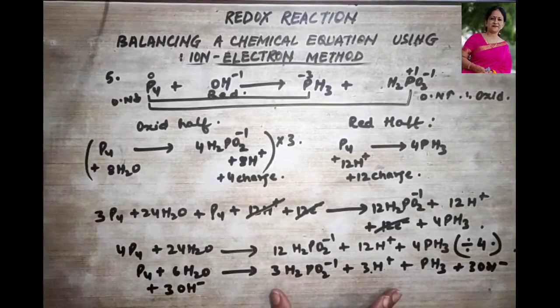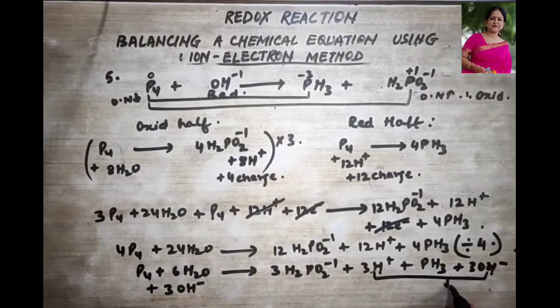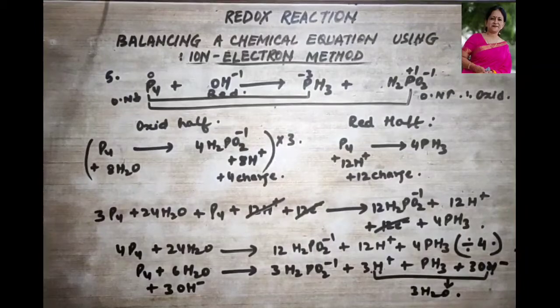This point is clear. Now look, 3 hydrogen ions and 3 hydroxyl ions together, what do they make? They make 3 molecules of water. Correct? So I get 3 molecules of water over here.